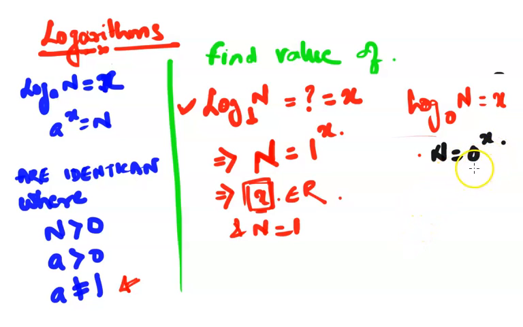Again, anything to the power of 0 is 0, right? So n is equal to 0 for all x belonging to the real numbers. So again, you cannot define what the value of x is. So hence we say a is greater than 0, or a is not equal to 0.